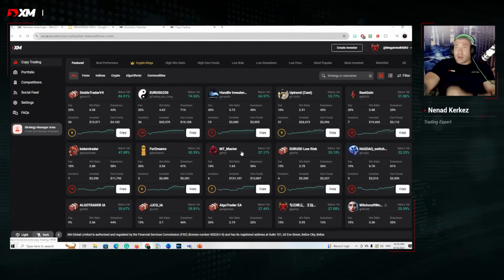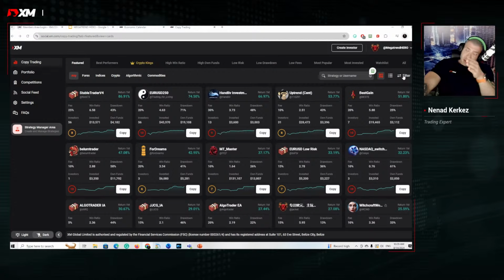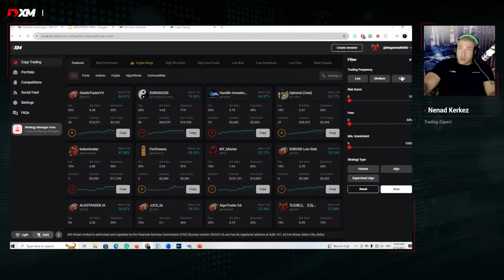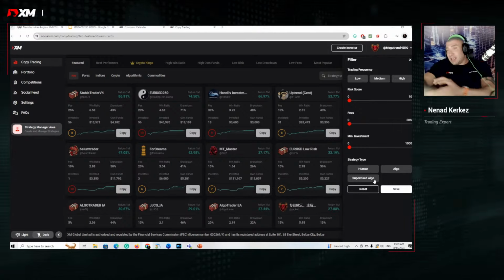For that, you can also go to the filter at the top right corner here. Look, you have different filters, right? So when you click filter, you can see here that you can choose from low risk, low fees, human, algo, supervised algo. What does it mean, supervised algo?